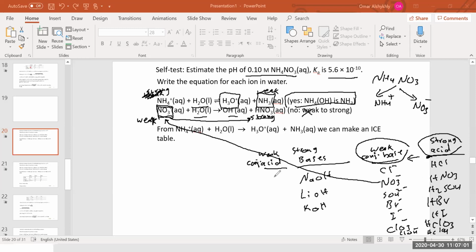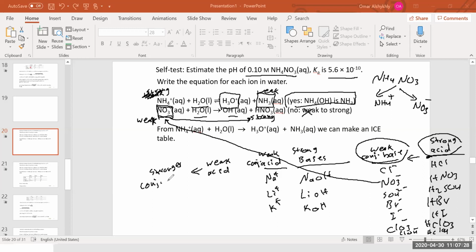Weak conjugate acid, yes, sodium, lithium. So this is weak, this is strong. Now, the weak acid will give you a kind of stronger conjugate base.